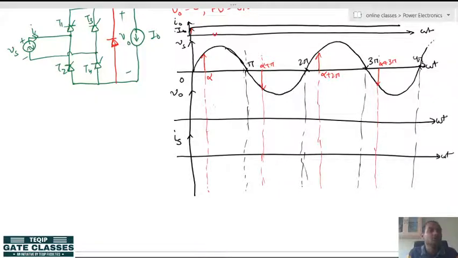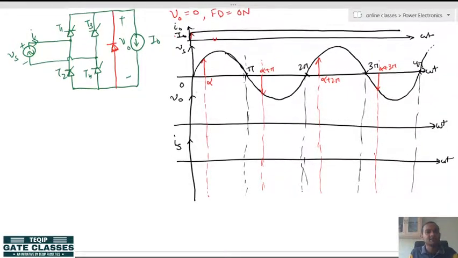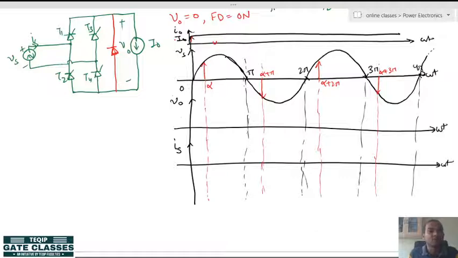Okay. Now let us start its working. It is very simple. During 0 to alpha I am not considering how the circuit was working prior. Just skip 0 to alpha, take from alpha. From alpha to pi, the thyristors T1 and T4 are forward biased and thus on, because at alpha they are getting the gate pulse, and T2 and T3 are reverse biased and thus off.